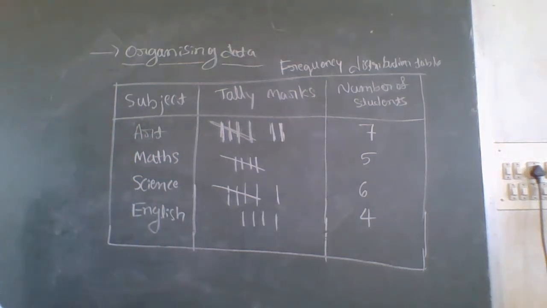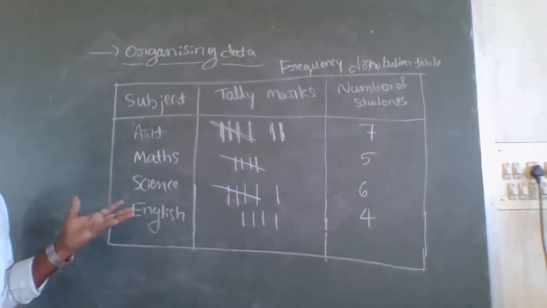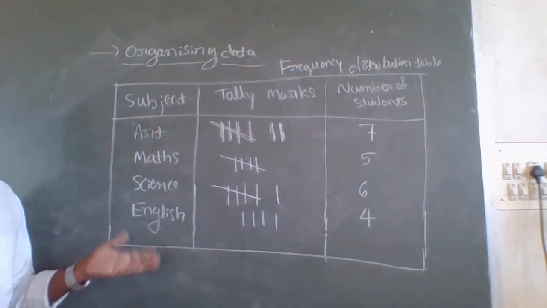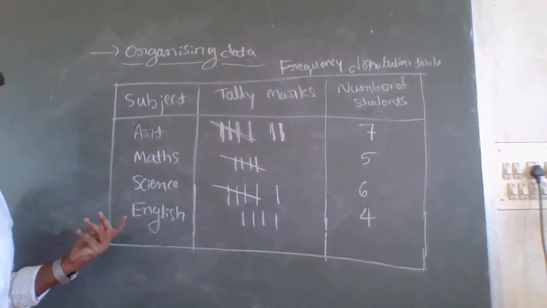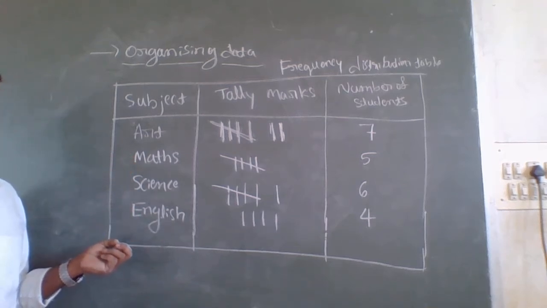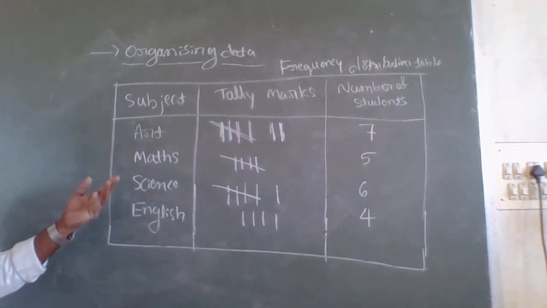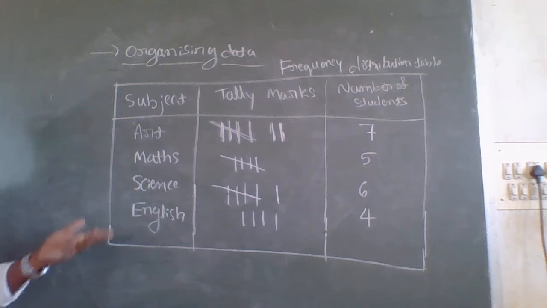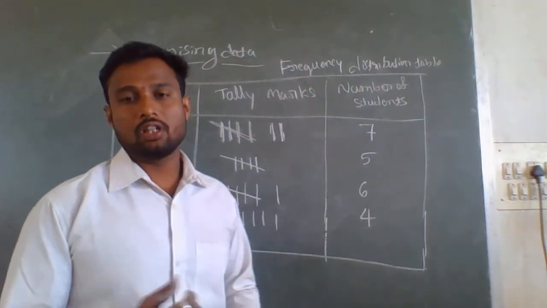So this is about organizing data. This frequency distribution table finally gives organized data: in a class, how many students like art, maths, science, English. In general, we don't know which student likes which subject; that is raw data, with no particular information.